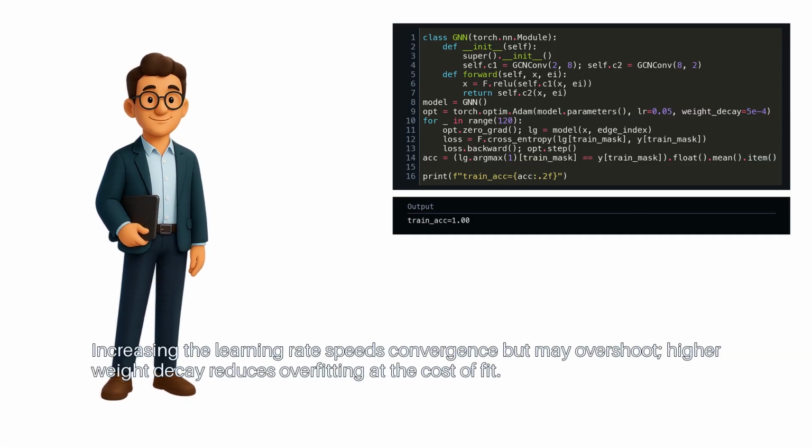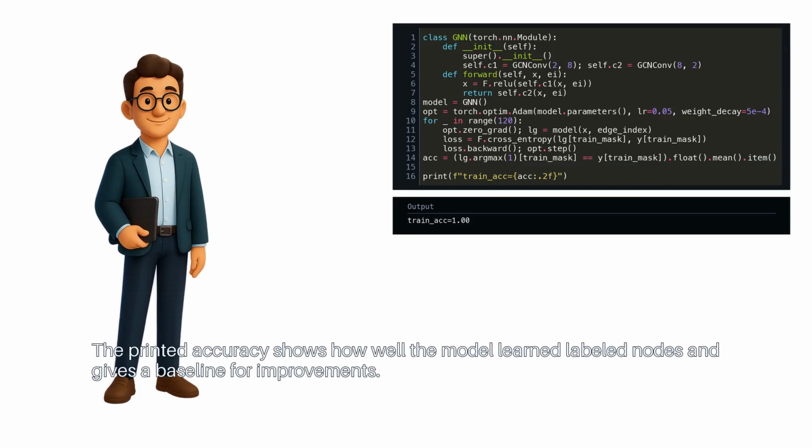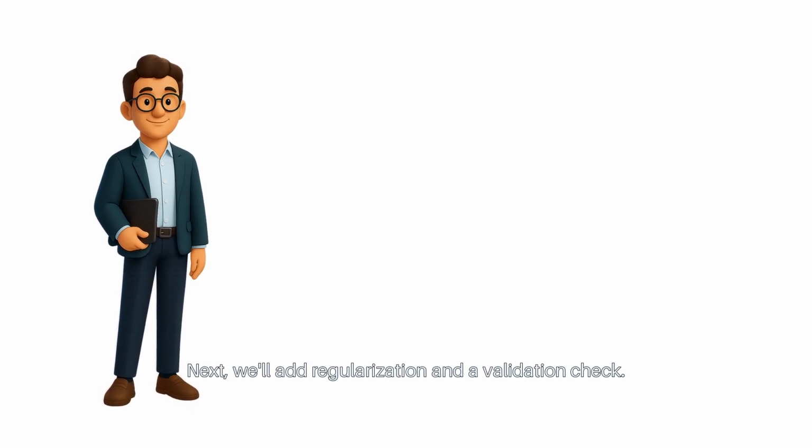Increasing the learning rate speeds convergence, but may overshoot. Higher weight decay reduces overfitting at the cost of fit. The printed accuracy shows how well the model learned labeled nodes and gives a baseline for improvements. Next, we'll add regularization and a validation check.